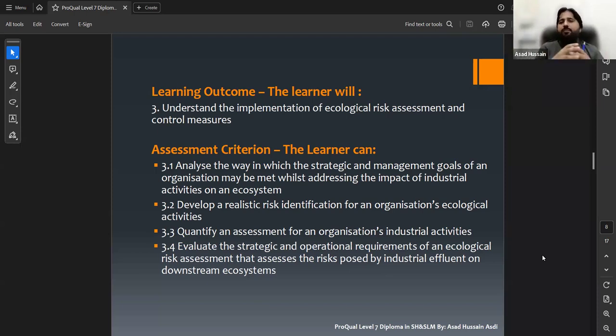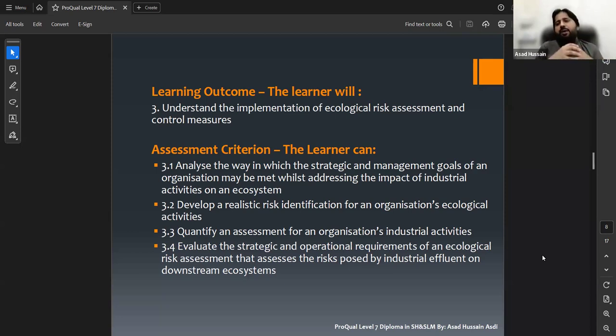So here in this 3.1, it is all about the way in which strategic and management goals of an organization can address these issues, so that industrial activities are not harmful to the ecosystem. So here you have to discuss that.